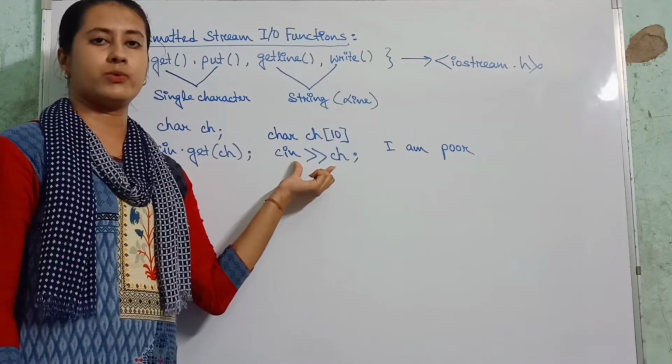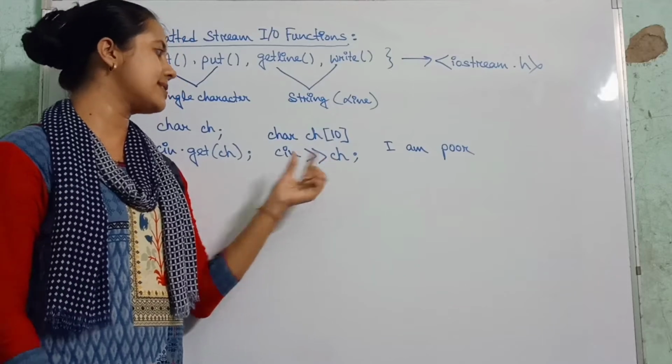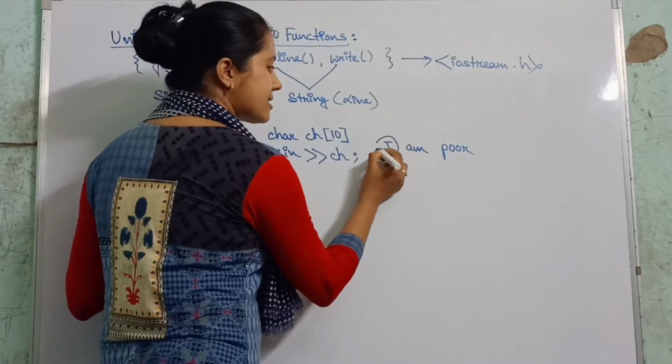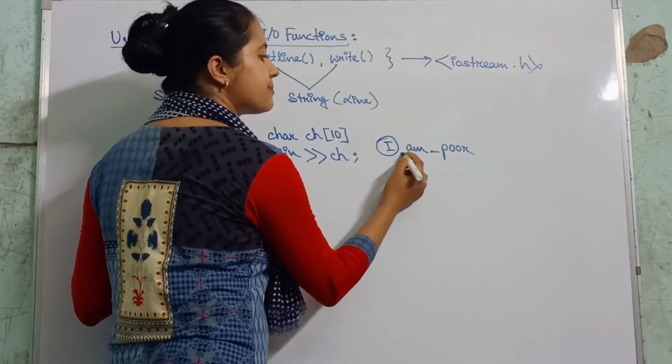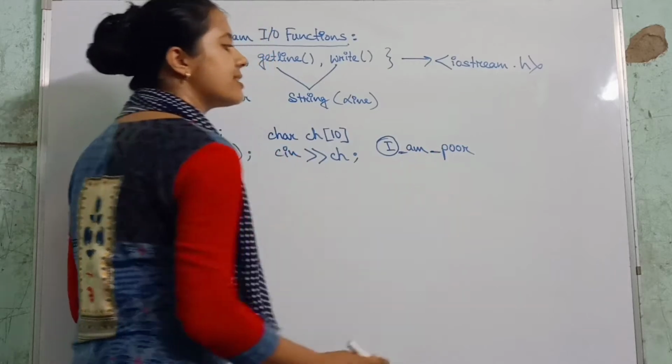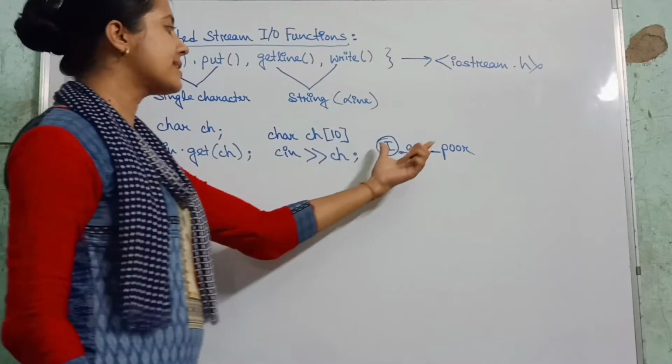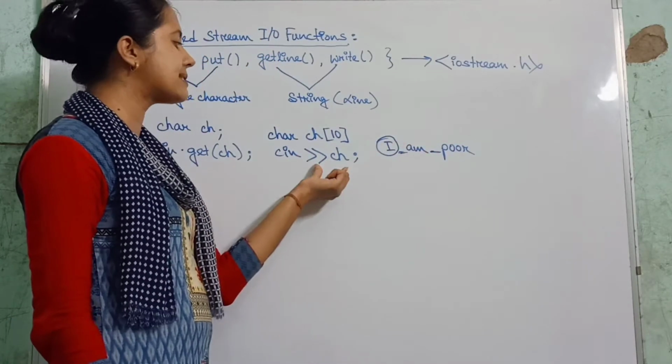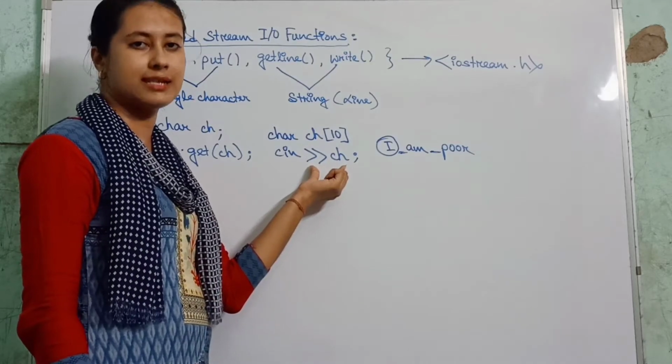Now what will this do? This cin >> ch will only store the value I. It will ignore these spaces, these white spaces, new line, blank spaces, tabs. All these things are ignored by cin >> ch.